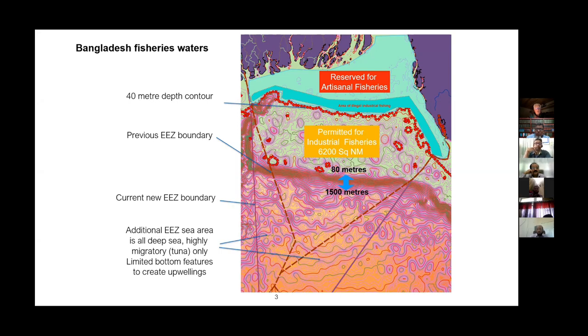There is some talk about the development of the oceanic fishery in the deep water beyond the continental shelf. This is highly seasonal. Tuna do pass through this area, but only very seasonally. So some very important discussion needs to take place about what stocks might be available in those waters.